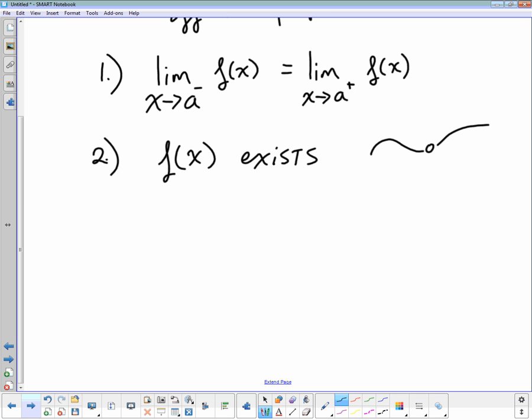And third, the limit, the pure, honest-to-God limit, the double-sided one, has to equal the function itself.